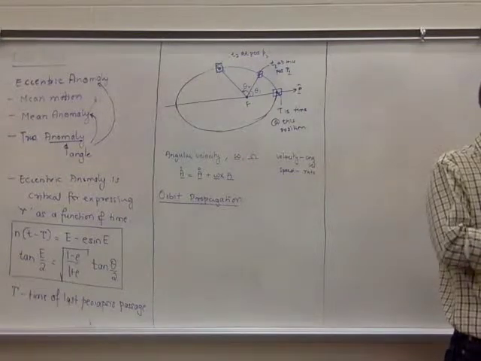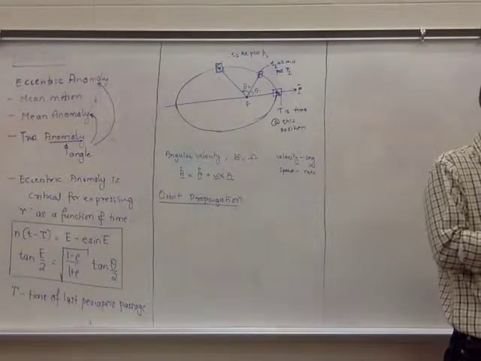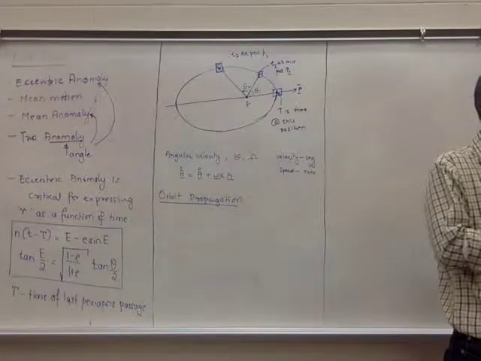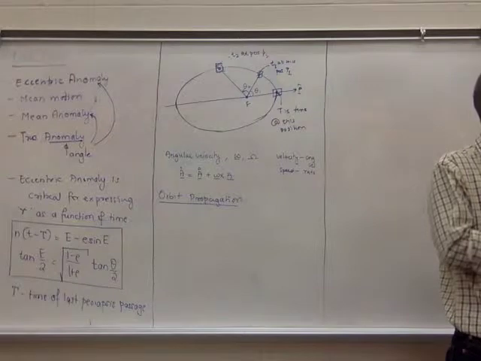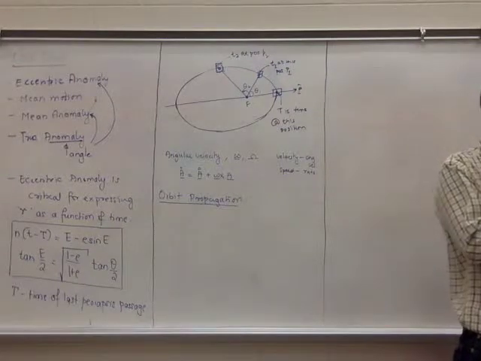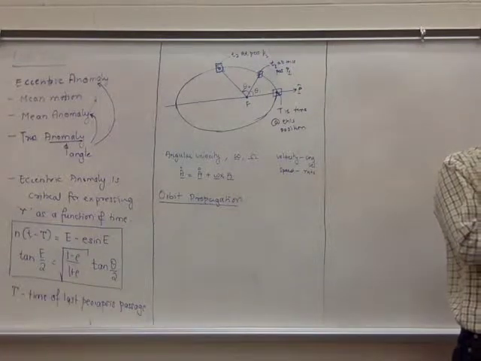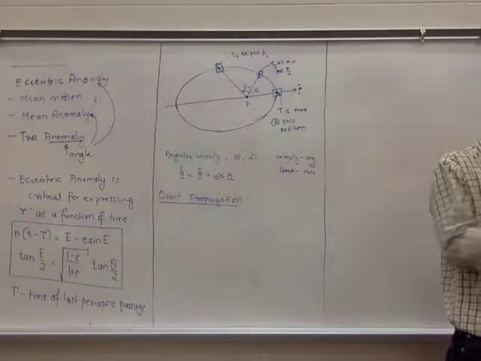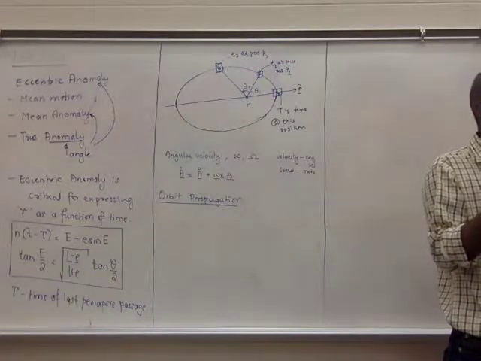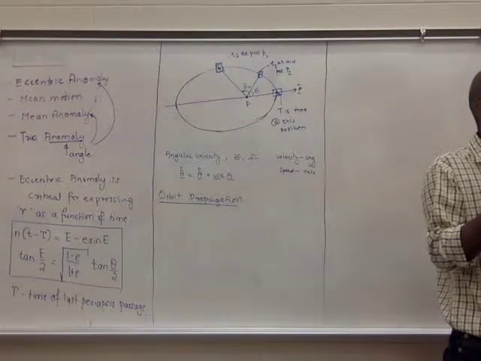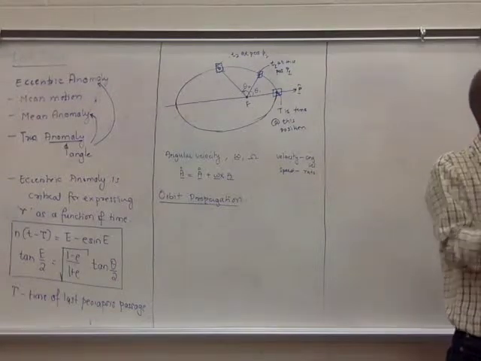You integrate it twice, right? What are you going to get if you integrate it twice? Position. You get the relative position. If you do a definite integral between two time frames, you get the position between this point and that point.